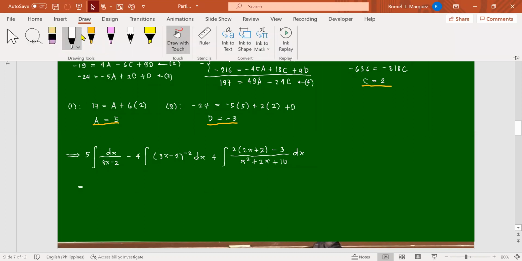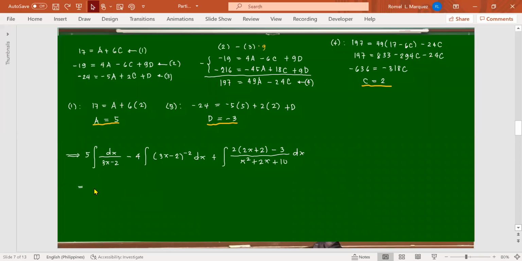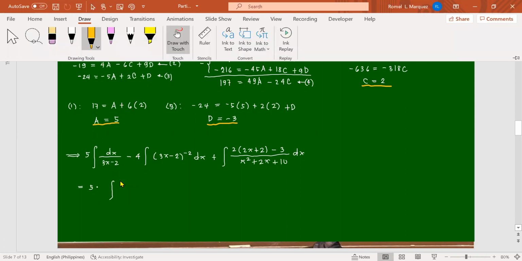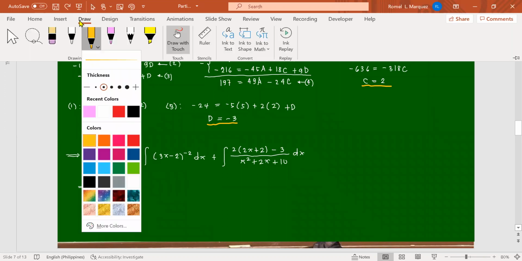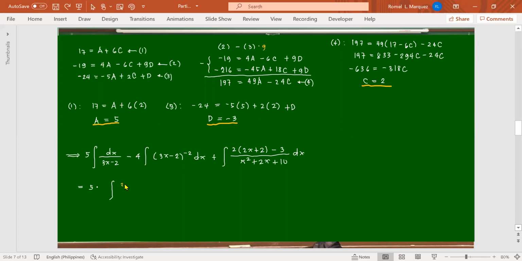So here, I will have here 5. I think I need to put 3 here. If this is my u, du is 3 dx. So I multiply by 3 inside. So multiply by 3. And then dx.